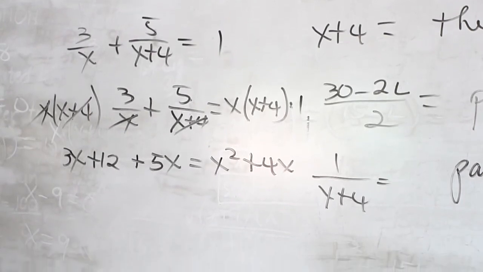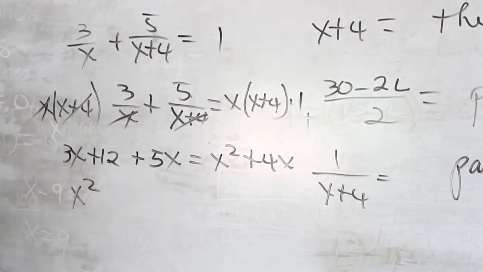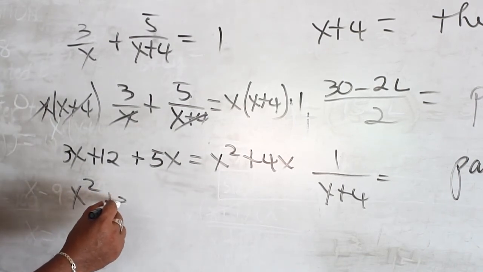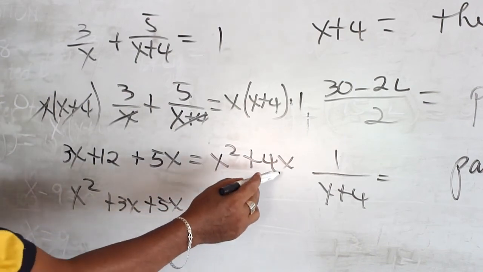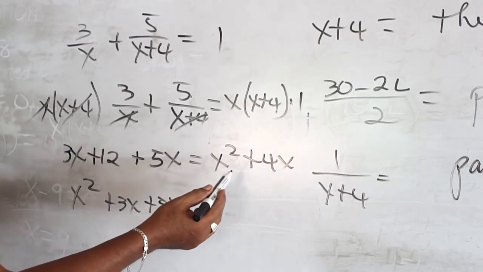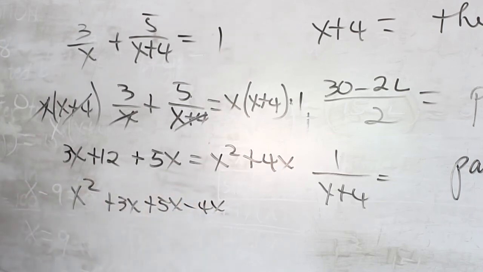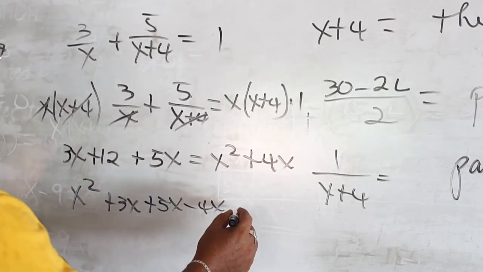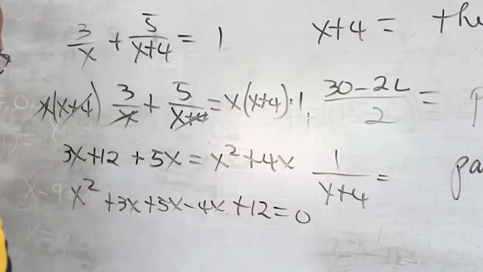Then arrange: x squared, then positive 3x, then positive 5x, then transpose positive 4x, it becomes negative 4x. Then we have positive 12 equals 0.